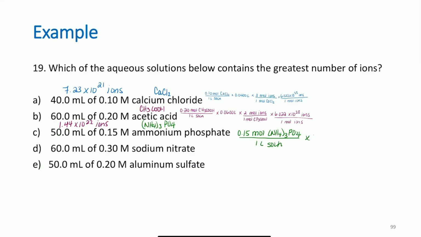I have 50 mL of it, so times 0.0500 liters. This is 4 ions, 3 ammonium ions and 1 phosphate ion. So 4 moles of ions to 1 mole of ammonium phosphate. And Avogadro's number.